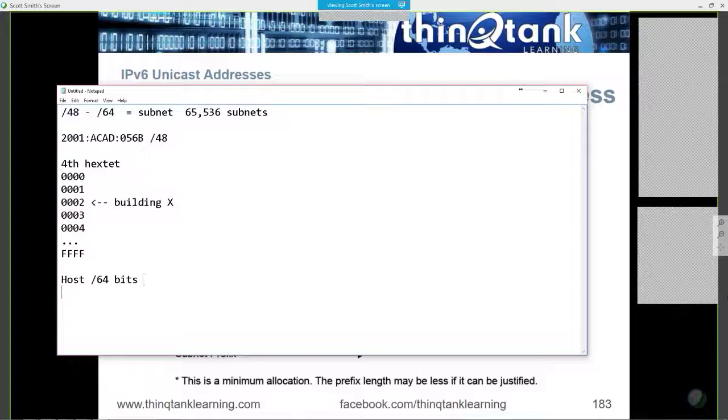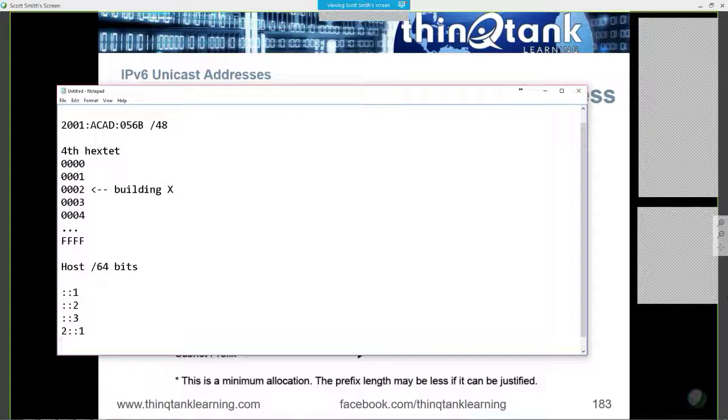And by the way, you can do the hosts like this. ::1, ::2, ::3. Doesn't have to be all 64 bits. You see what I'm saying? So in reality, somebody's actual network address might be 2::1 or AC::A.